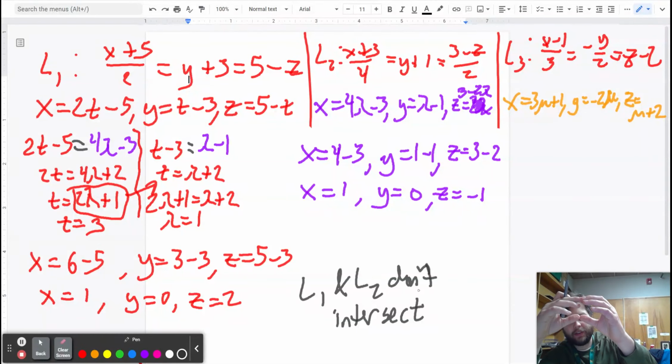When we forced the x values to be equal, we knew that t had to be 2 lambda plus 1. When we forced the y values to be equal, we knew that t had to equal lambda plus 2. From that, we knew that t equals 3 and lambda equals 1, which gave us coordinates for x, y, and z. So L1 and L2 don't intersect. So the third line is actually superfluous here.